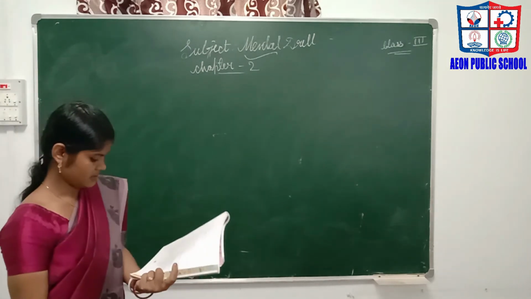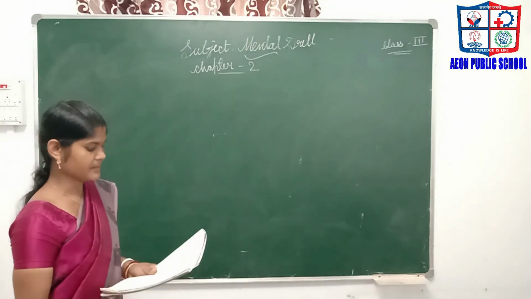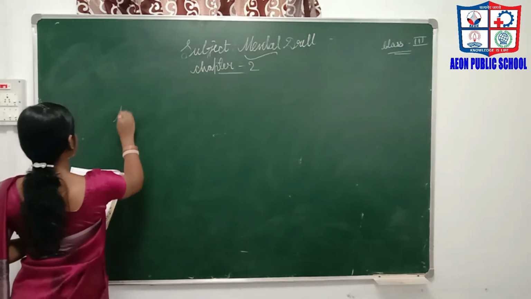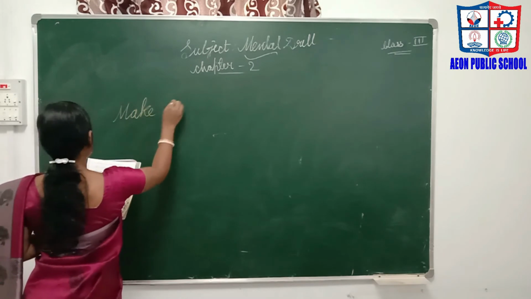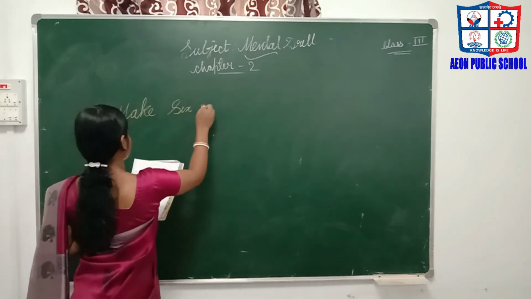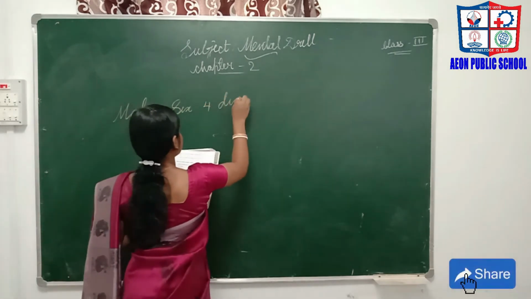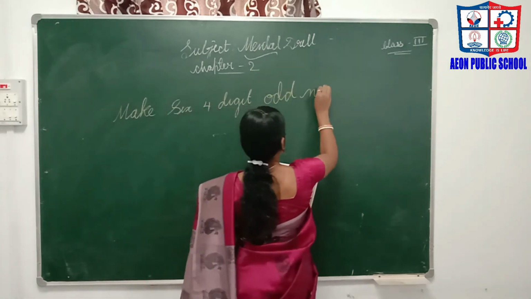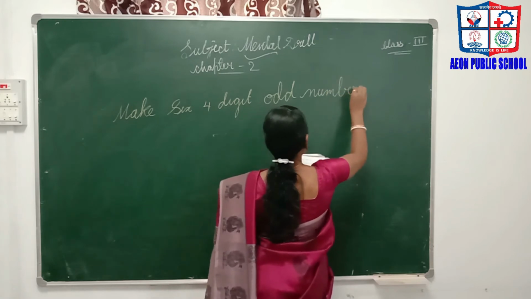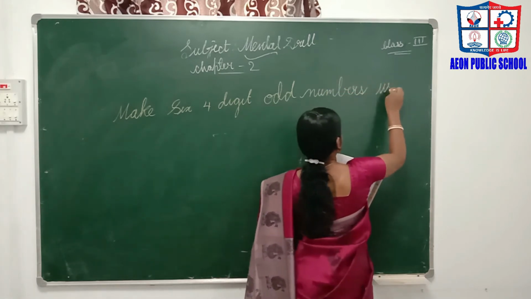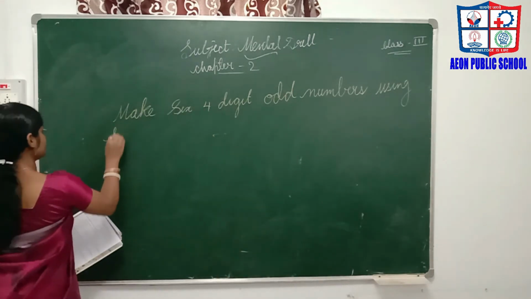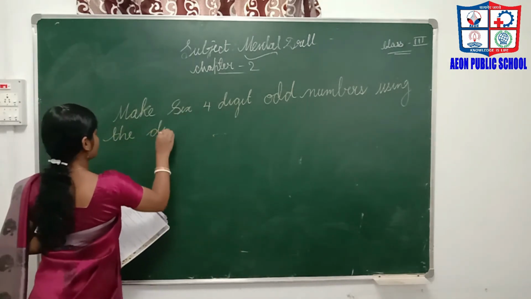I hope it's clear. Now page number 15. 8th question. See here, make six 4-digit odd numbers. Some digits are given, 4 digits are given. You have to make 6 numbers using these digits, and they should be odd numbers, not even numbers.